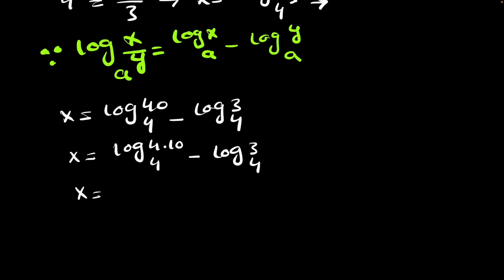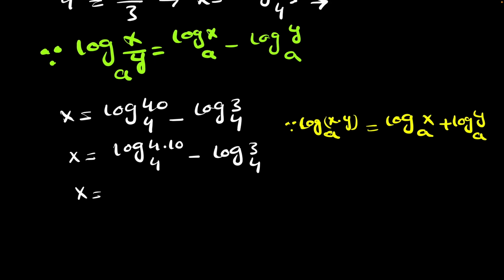X is equal to log of this part. We have a formula that if we have log of x times y to a specific base, we can write this as log of x to the base a plus log of y to the base a.